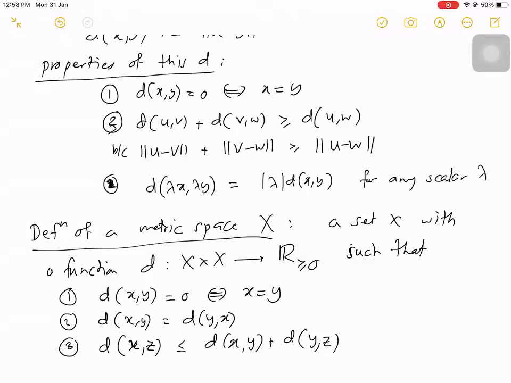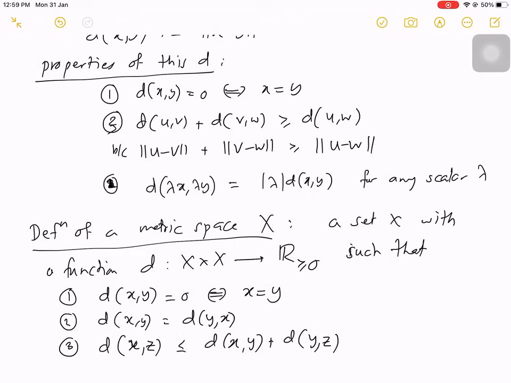Good. So I suggest that you think about this question for a while. There are some obvious requirements. In particular, do you see that condition number 2 that is listed up there has to be satisfied by the distance if you have a vector space structure? Otherwise that metric cannot come from a norm.